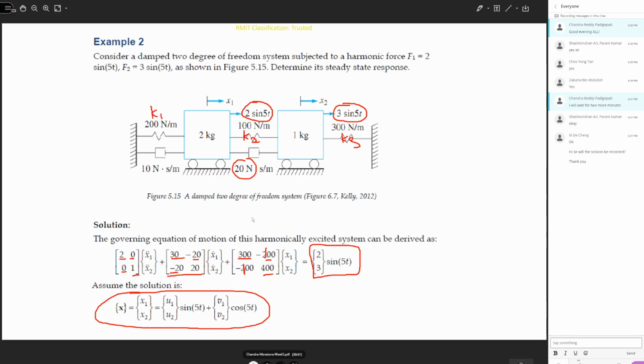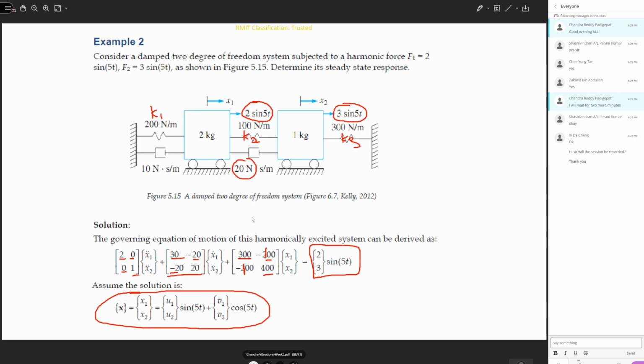One question will definitely be asked related to that. Then another question that may be asked is solving the response of a multi-degree freedom system for a simple mass and spring system, with force or without force. All right. Any questions, let me know.